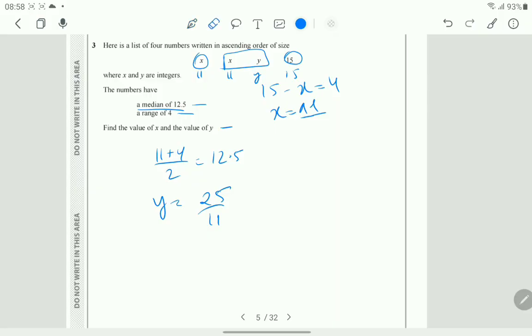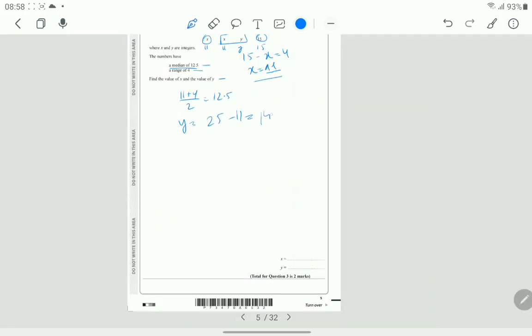Oh sorry, I'm not dividing, I have to subtract 11. 25 minus 11 equals 14. This is our final answer. Now that we have x and y, put it here: 11 and 14.